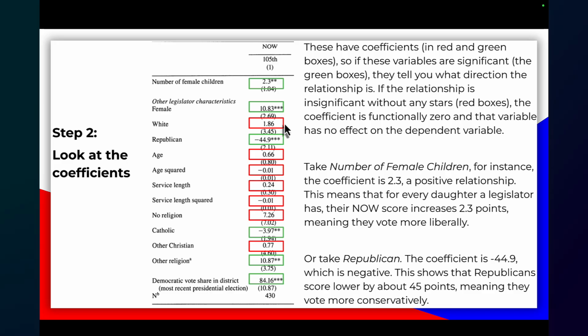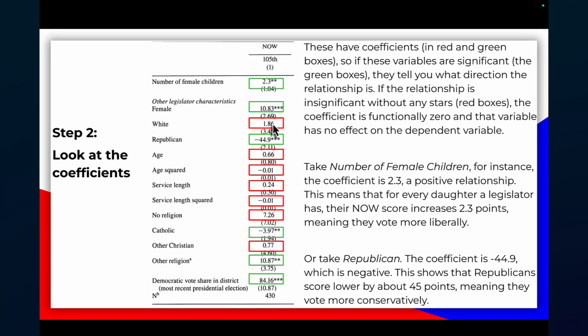Now, if the variable is significant, they are in green boxes, okay? If the variables are insignificant, they are in red boxes, okay? So if they are in red boxes, that means there are no stars. It is an insignificant relationship. This means the coefficient is functionally 0, and that variable has no effect on the dependent variable, okay?